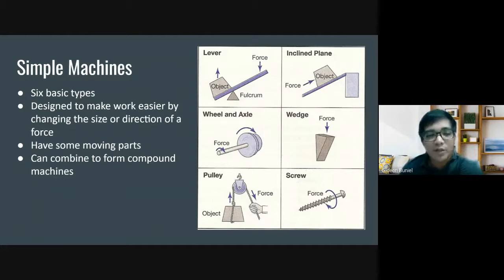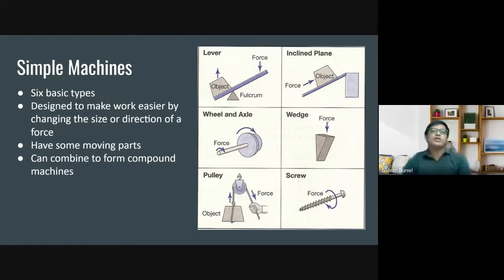A scissor is a compound machine. It's a combination of a lever and a wedge. The wedge is the cutter itself, so it makes the job of cutting the papers easier. And the lever is the one that you push to cut the papers. You hold it and then the wedge actually cuts the paper itself.